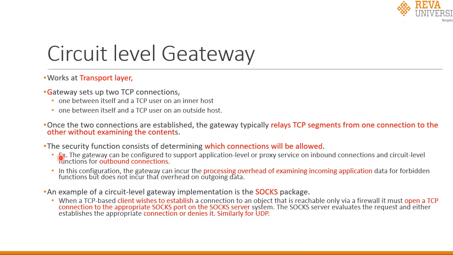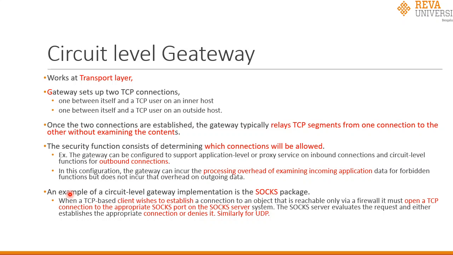For example, the gateway can be configured to support application level or proxy service on inbound connections and circuit level function for outbound connections. In such a configuration, the gateway can incur processing overhead of examining incoming application data for forbidden functions, but does not incur that kind of overhead on outgoing data.